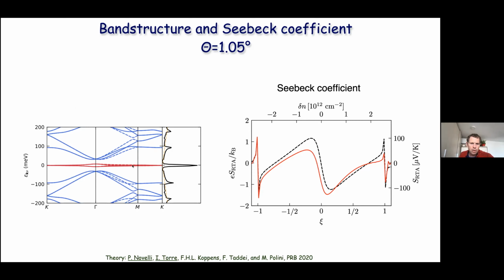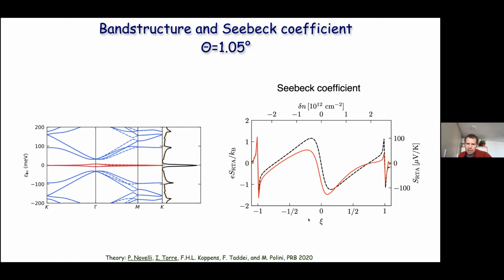But before doing so, I want to mention that if you look at this system and change the Fermi energy, going from the flat band towards this gap, what I see in the Seebeck coefficient is a sharp peak here and also here.